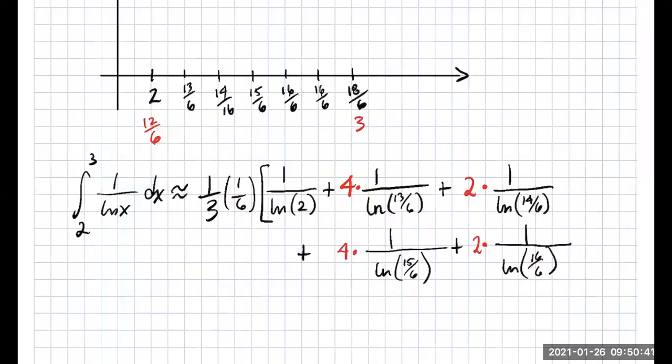Yeah, I just noticed something. I've got a 16 where I should have a 17.